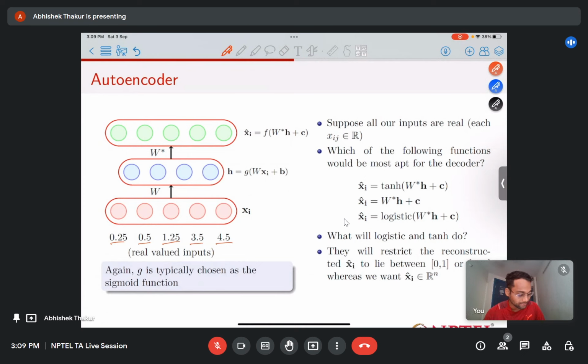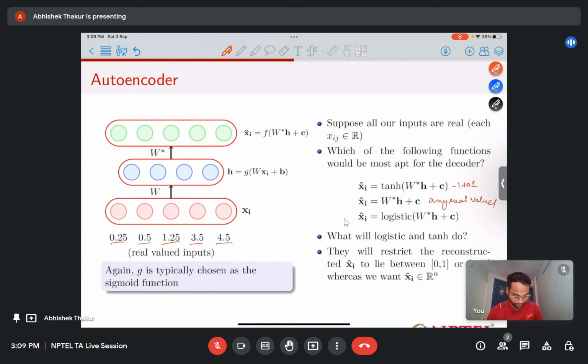The most appropriate function will be one which can produce the real output also. So tanh can produce only from -1 to 1. So for values like 4.5 and 5, this is not the appropriate function for the decoder. The linear function WH plus C is the most appropriate because it will produce any real values.